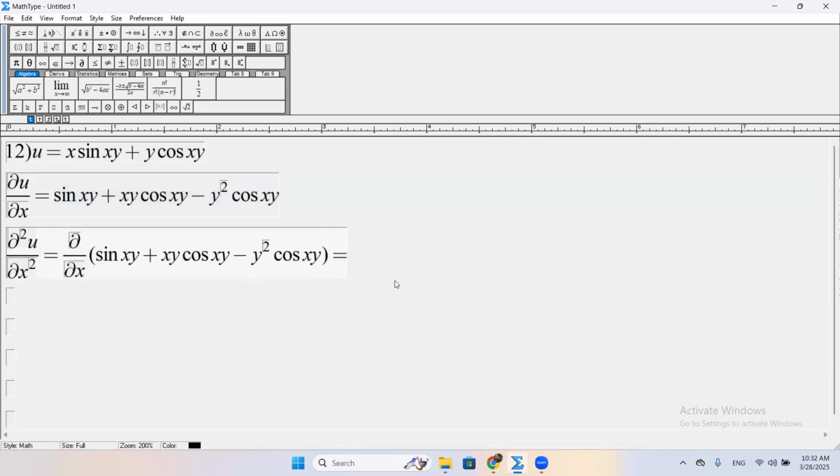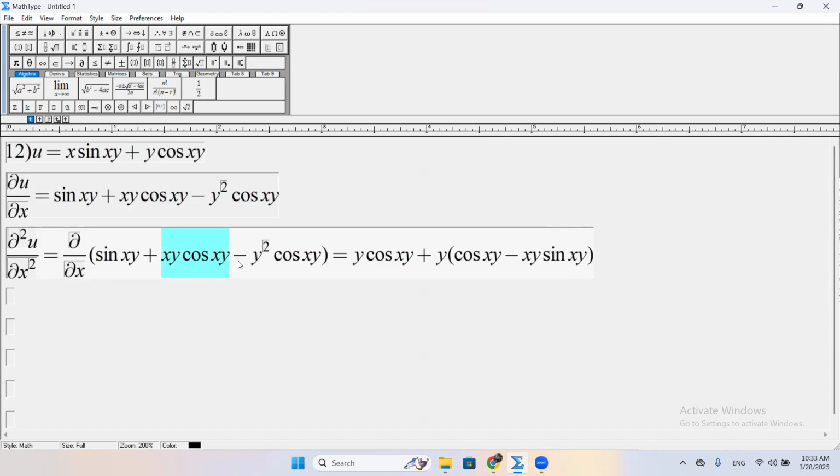So y cosine over xy, so differentiated, and now let's move our y out of brackets, plus y, so cosine of xy, and minus xy sine over xy.